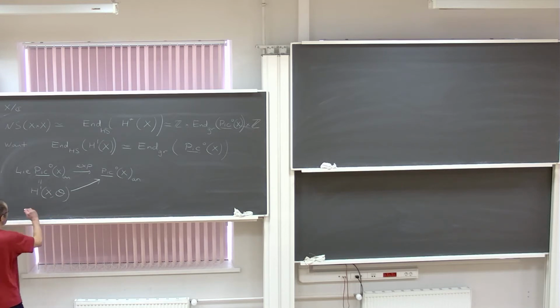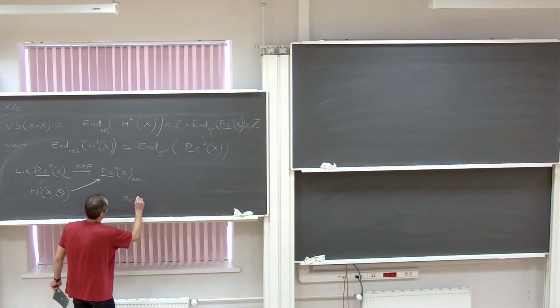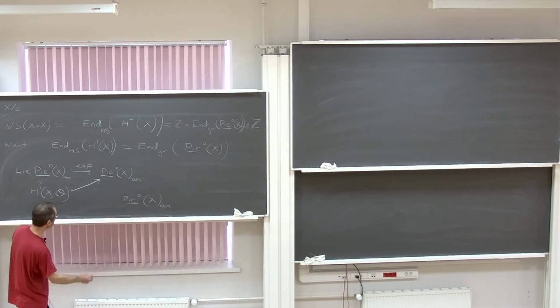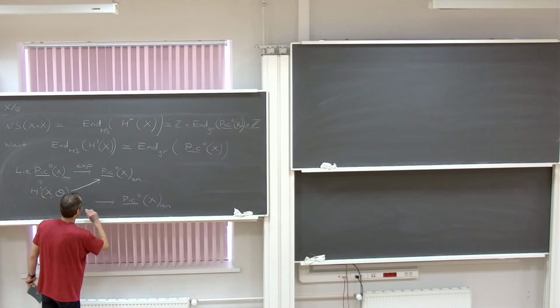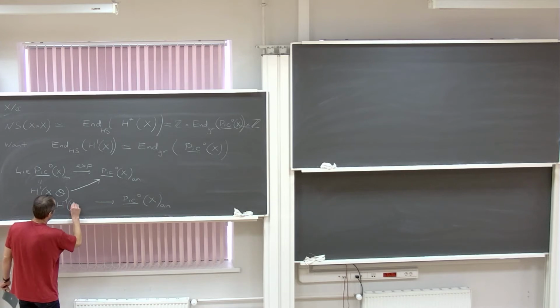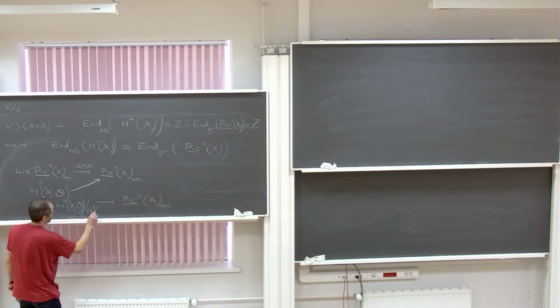So this map induces an isomorphism between the Picard analytic group, this Lie group, and the quotient of H1 of X with coefficients in O, modulo the lattice. It's the kernel of this homomorphism.